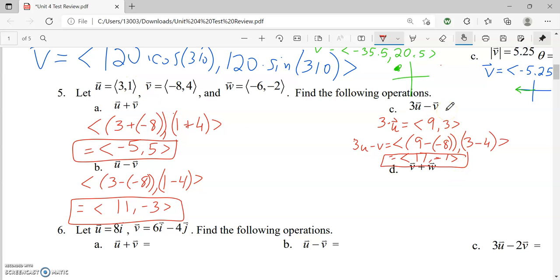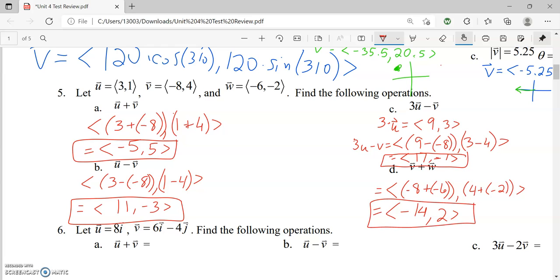V plus w, not a whole lot different. V plus w, it just means we're taking new numbers. So v plus w in the x, comma v in the y, plus w in the y. -8 minus 6, that's -14. 4 minus 2 is 2.